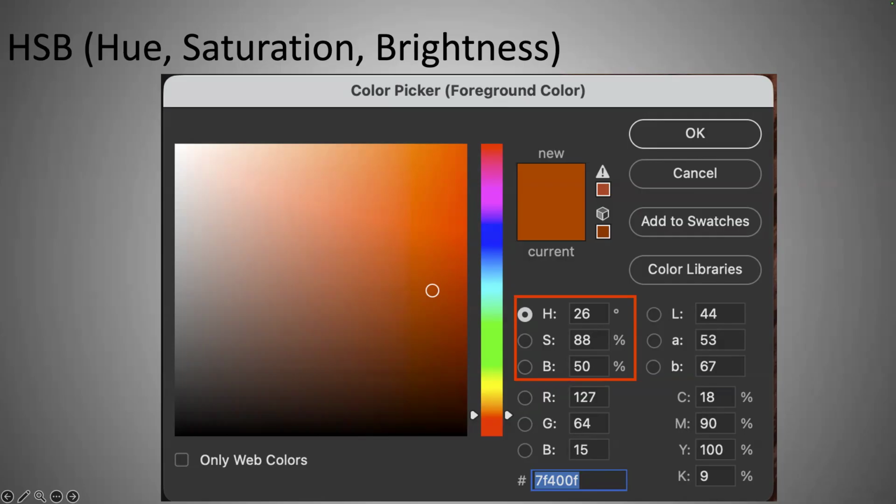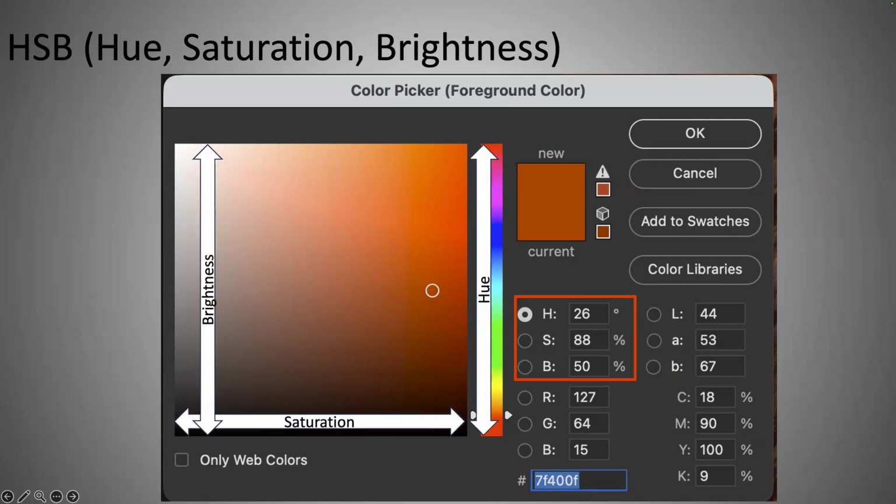There's a variety of these color selections over here. This one's called hue, saturation, brightness, HSB. Below that are hue, saturation, and brightness, just like we saw on the previous slide. Below that is red, green, and blue. Below that is the hexadecimal color for the web.